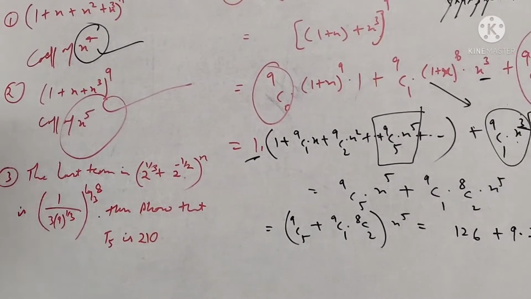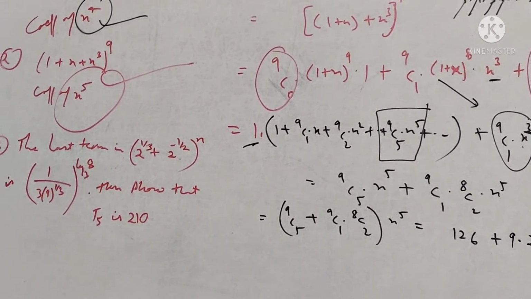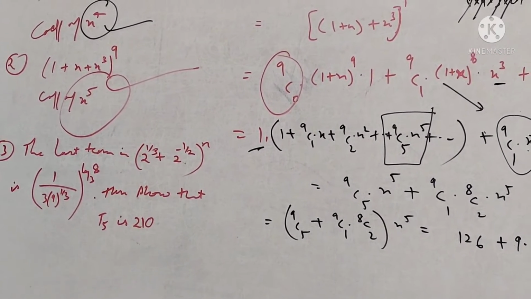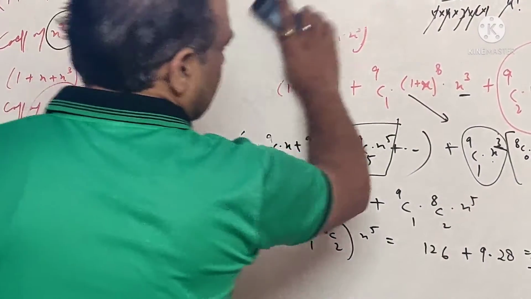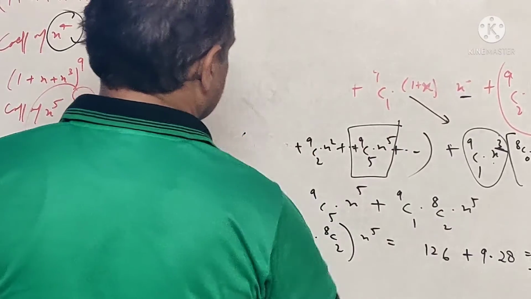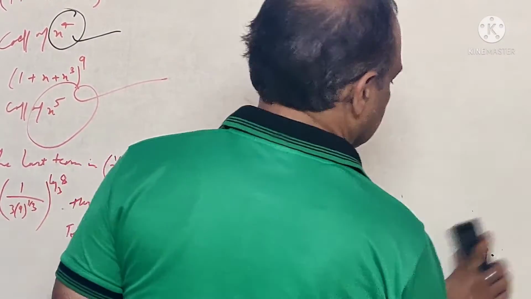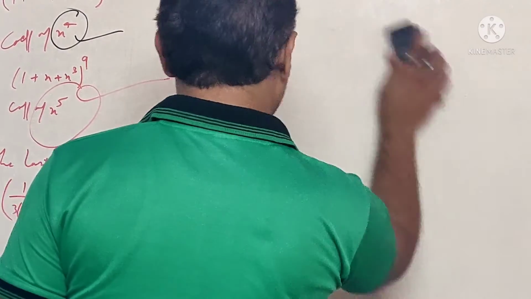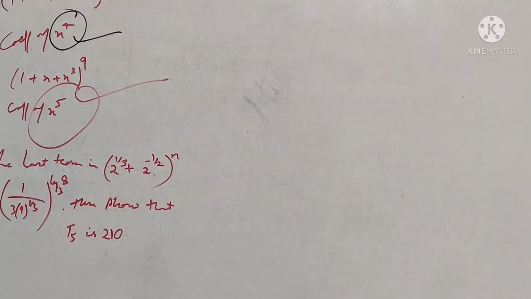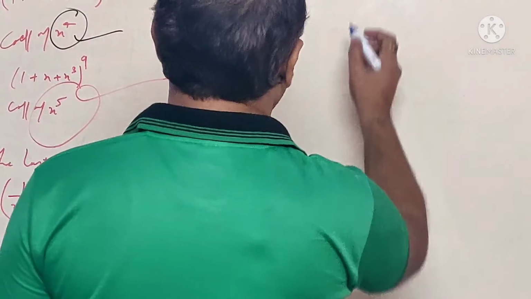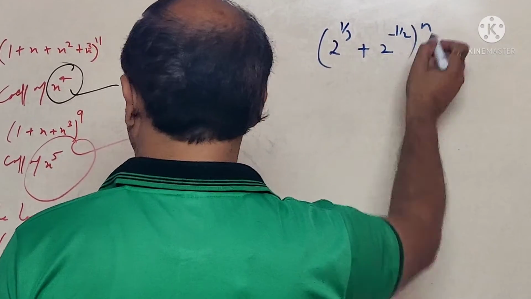Now, we shall move on to the next question, which is to find out the last term in (2 raised to power 1 by 3 plus 2 raised to power minus half) whole raised to power n.